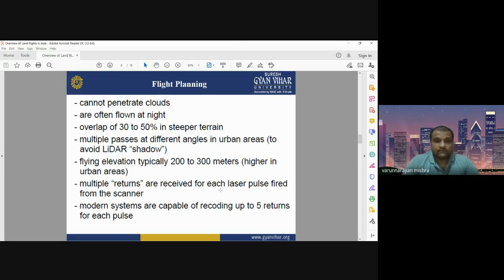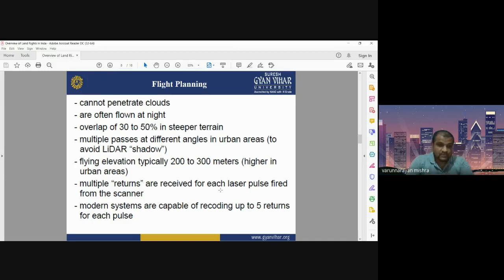The fourth important parameter during flight planning is multiple passes at different angles in urban areas to avoid the lidar shadow. If you are surveying an urban area, there may be very tall buildings, and in that case there may be lidar shadow.